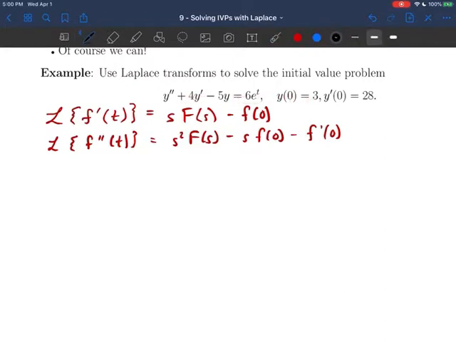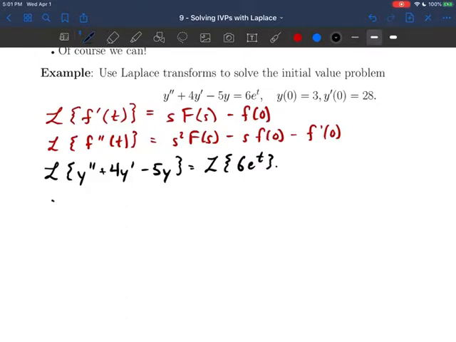So the idea here is that we are going to start with our differential equation and apply the Laplace transform to both sides of the equation. So we get the Laplace transform of y double prime plus 4y prime minus 5y is equal to the Laplace transform of 6e to the t.